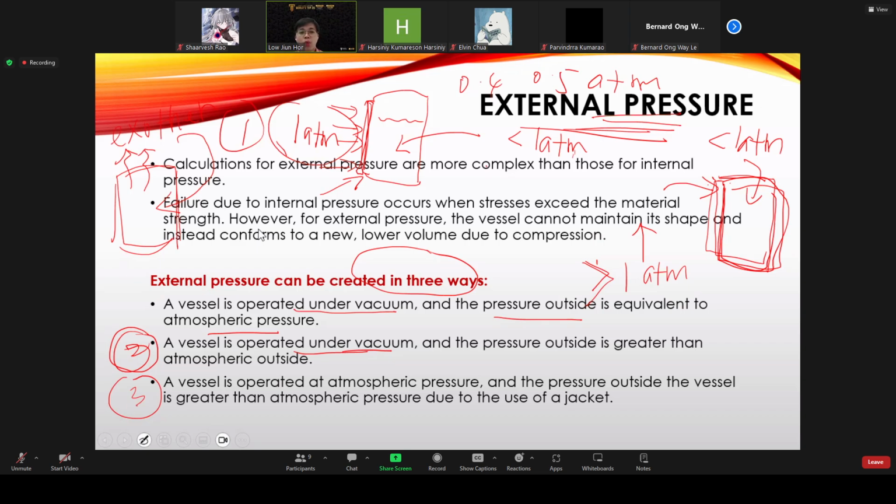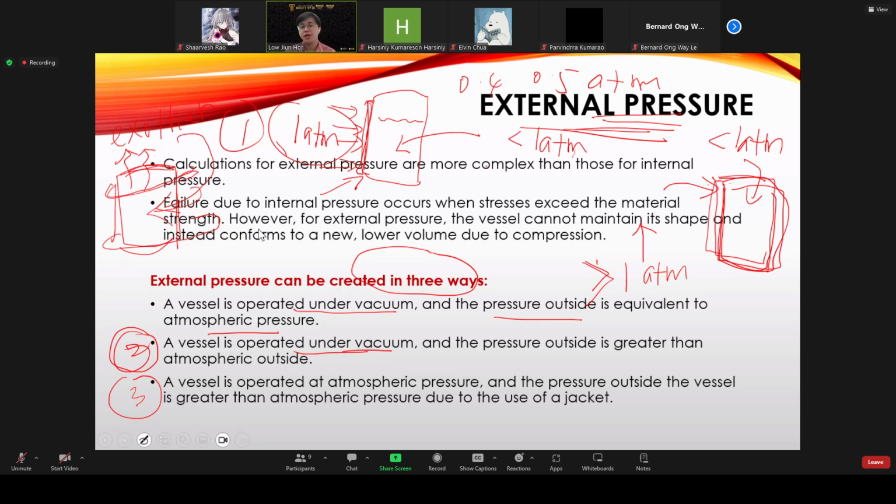In order to carry out the cooling process, we will install another layer we call a jacket outside the pressure vessel or reactor. Later the cooling water will flow through the gap between the pressure vessel and the jacket in order to absorb the heat energy released from the reactor.